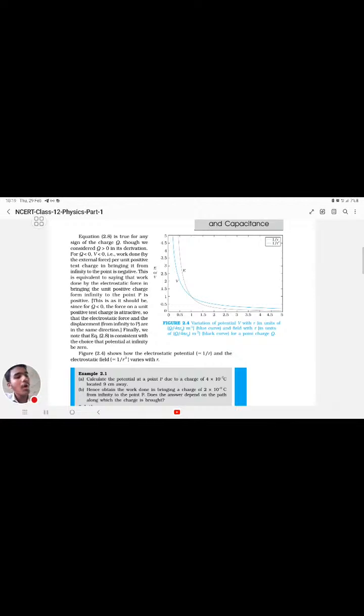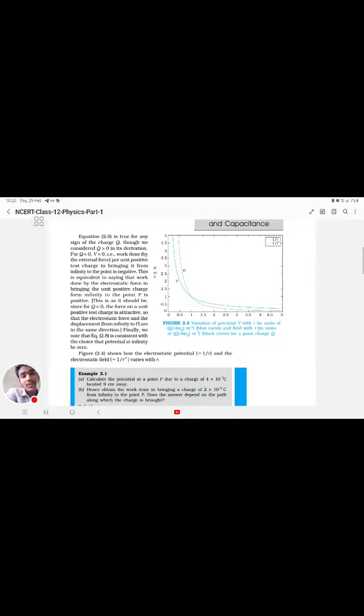How are we defining the electrostatic potential? For potential energy, it was the work done in bringing any amount of positive charge from infinity to that particular position P, which is equal to the difference in potential energy at position P and at infinity.